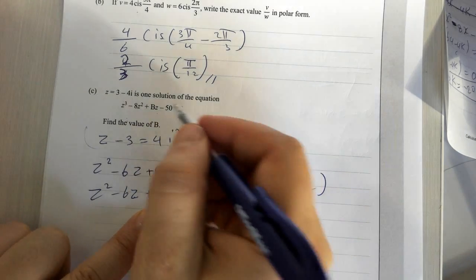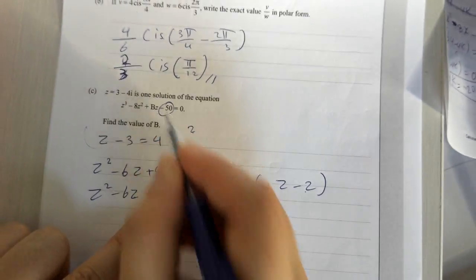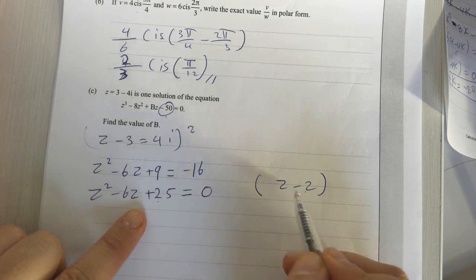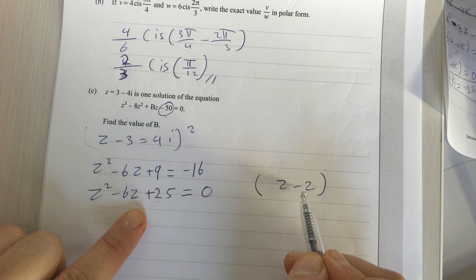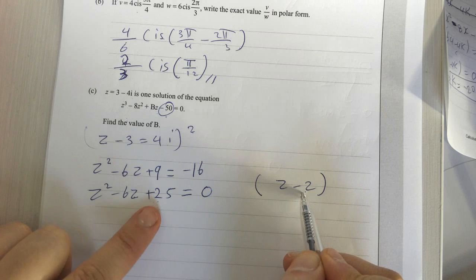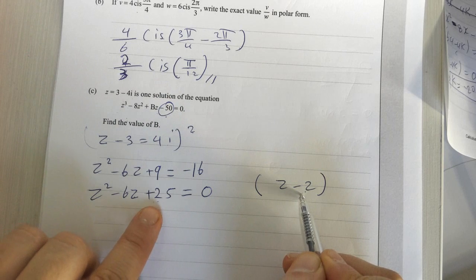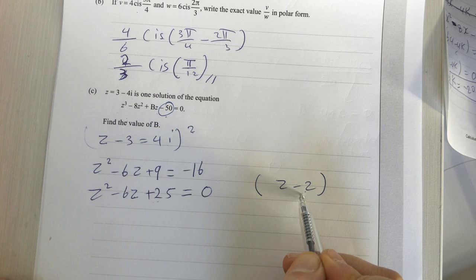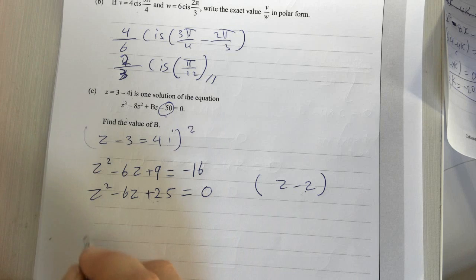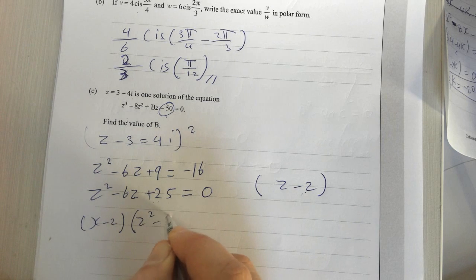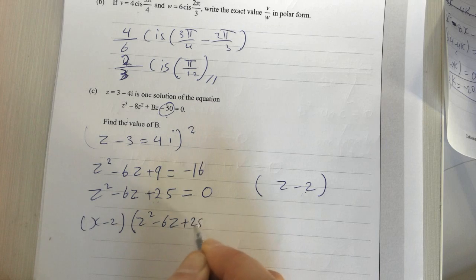Why is that? Because I have negative 50 as a constant. With this factor I've got positive 25, so I will definitely have to have negative 2, because negative 2 times positive 25 gives me negative 50. So that means I can rewrite this as z minus 2, that's one factor, and the other factor is here.